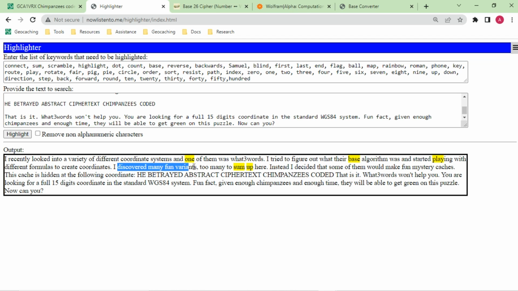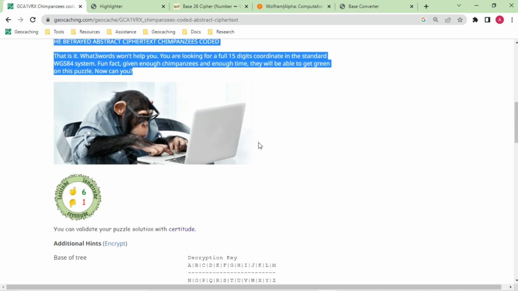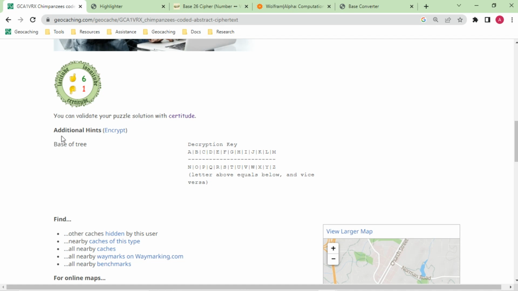I discovered many variants, too many to sum up here. Okay, what base algorithm? The word base wasn't really necessary here. So all of those hint that there might be clues there, right? It's always like, what do you focus on? Just in case you missed it, in the description, in the hint, it tells base of tree again. So again, it has the word base right here.